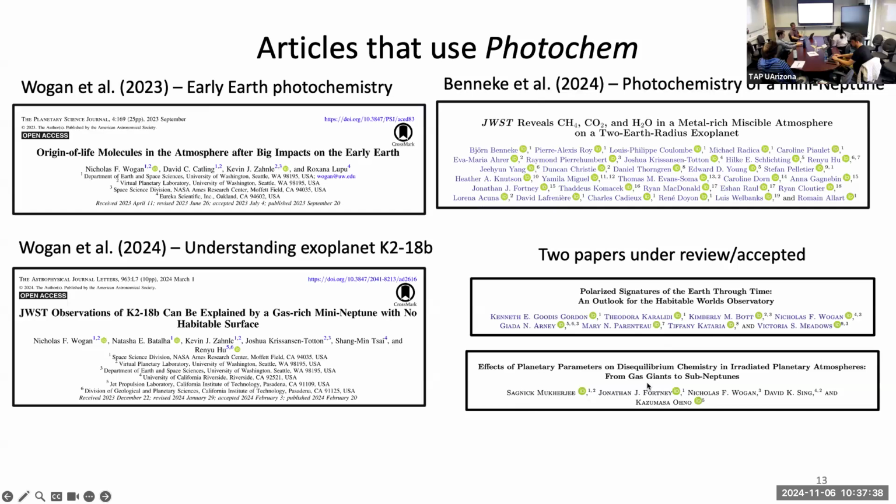Basically, you looked at a wide range of parameter space for gas-rich planets and computed photochemical products like SO2, and then projected it onto early Earth.